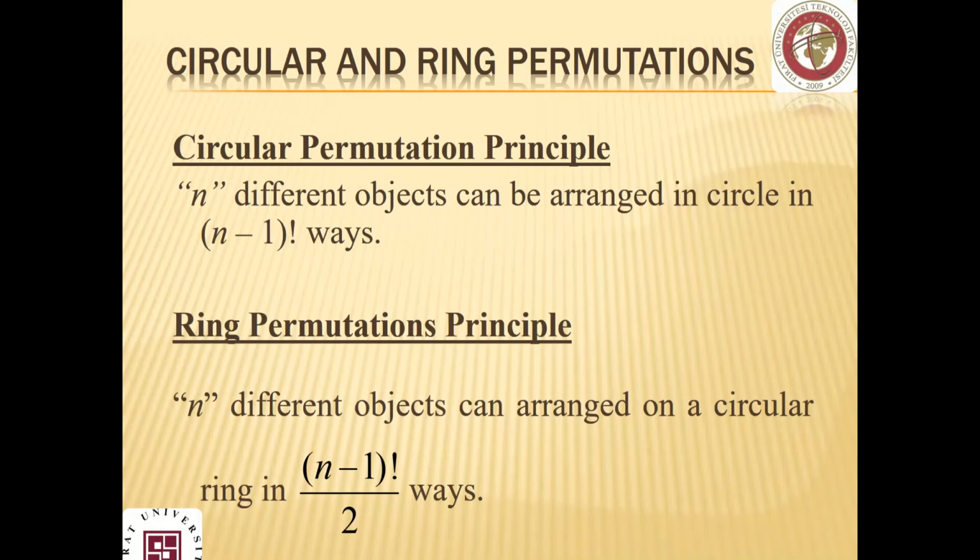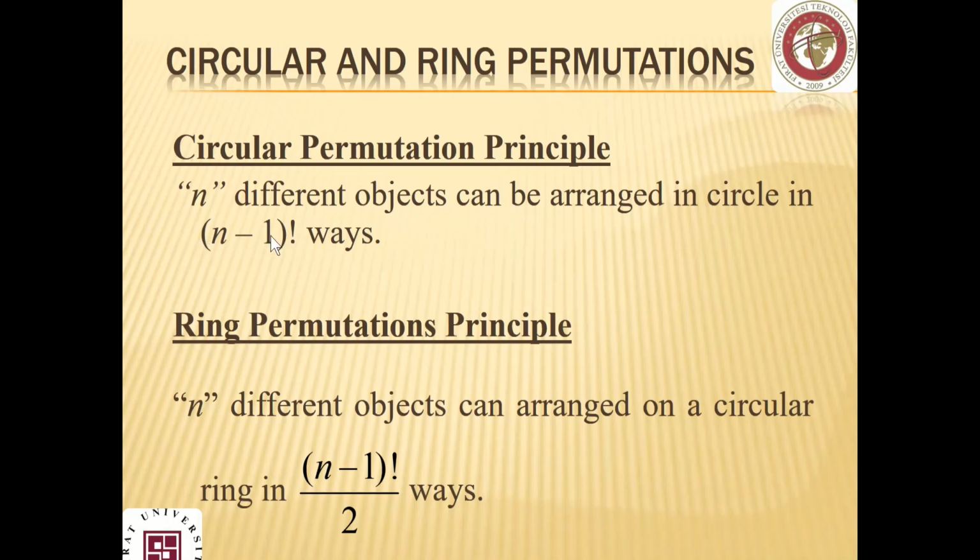Imagine the circular permutation as just one dimension, but if we say it's a ring or a bracelet, then it is 2 dimensions actually. So we have 2 places or 2 positions to seat a person where they look the same. So it is exactly less by half. So it's half of the count for the circular.